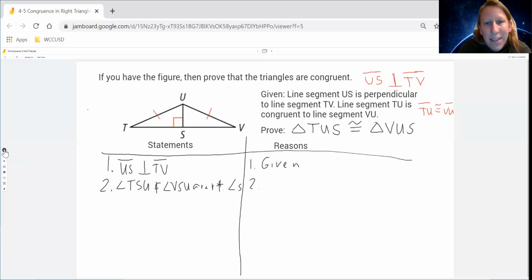Okay, that is not given. It doesn't say up here that they're right angles. It does say that this one's a right angle, but it doesn't say this one's a right angle. So again, this part you could kind of argue out a little bit.